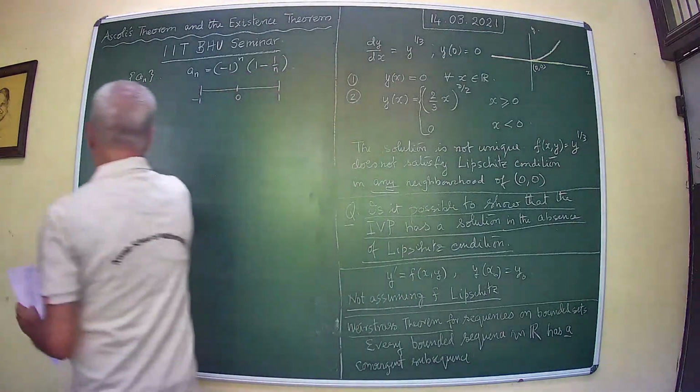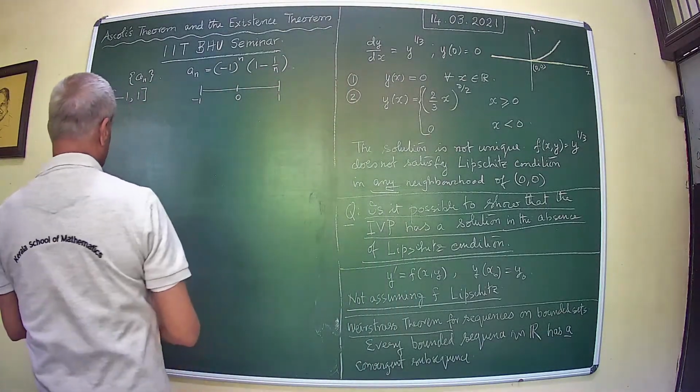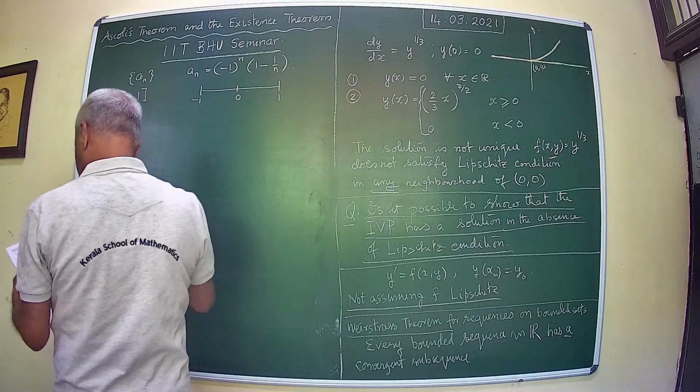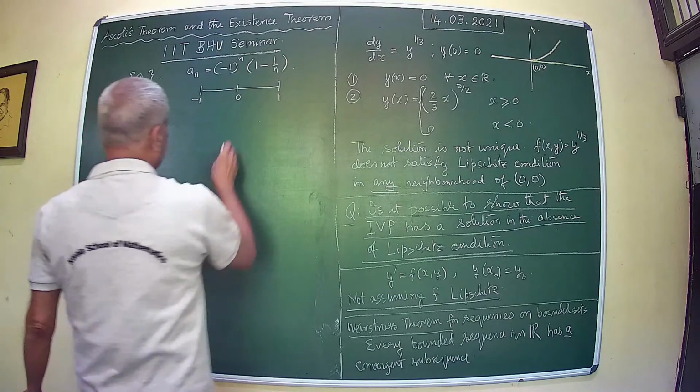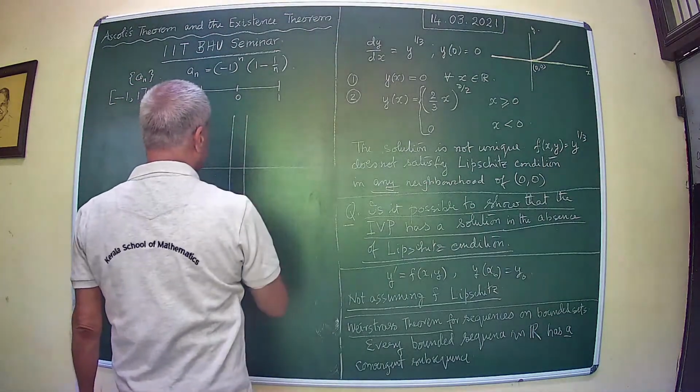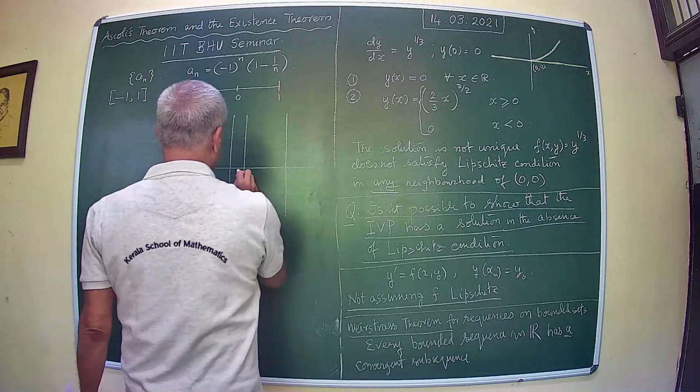Now what you have is the following problem. Suppose you have a bounded set, something like R2, let us take an interval.